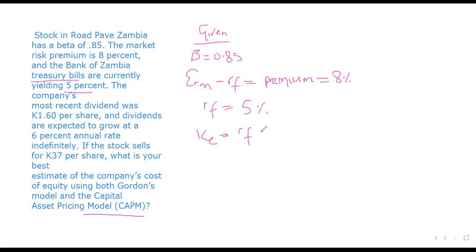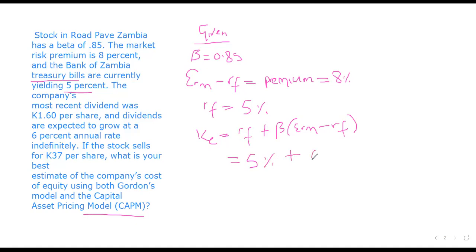Risk-free plus what? Beta times the expected market return minus the risk-free rate. Remember this, right? Yes. So our risk-free rate is what? 5%.